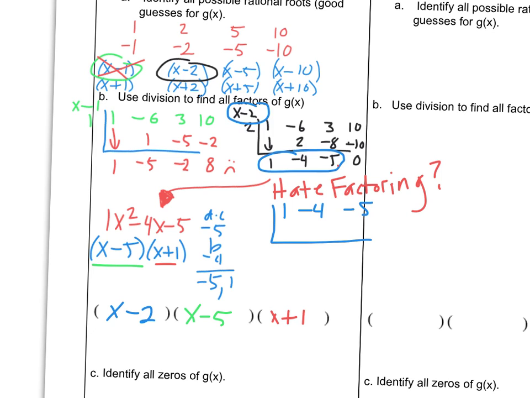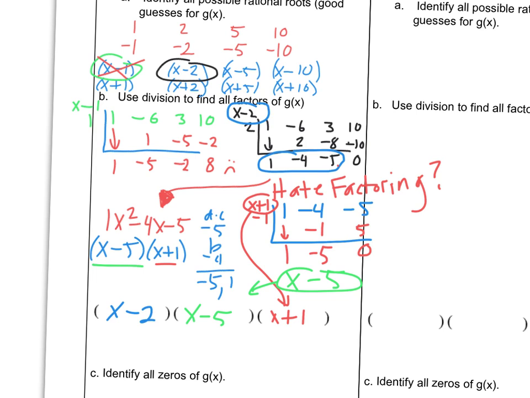We already tried x minus 1, that didn't work. So let's try x plus 1, which is minus 1 here. 1, negative 1, negative 5, positive 5, and 0. That gets us that same x plus 1 and that same x minus 5 without actually having to factor.